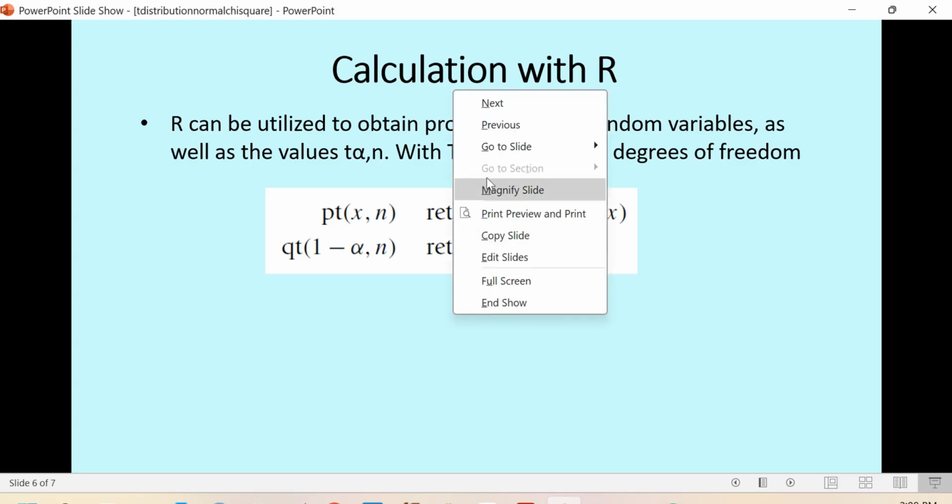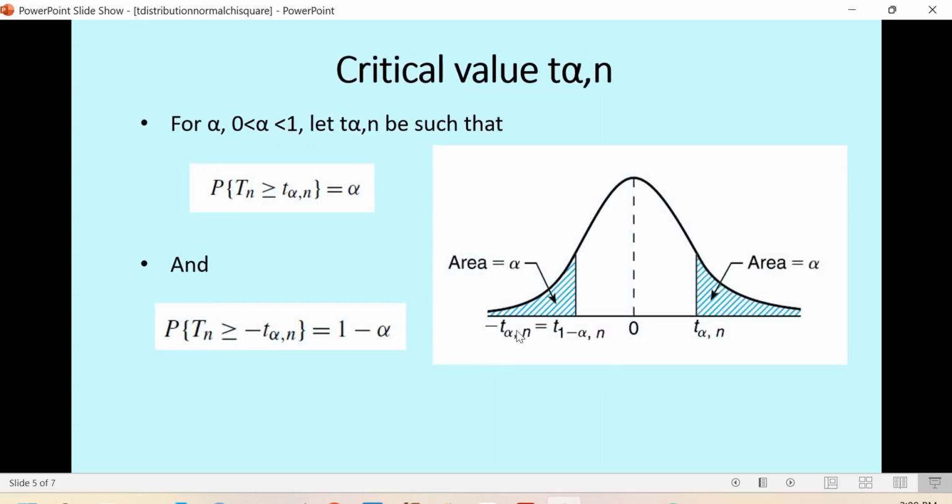So qt(1 minus alpha, n) will get this critical value given this cumulative probability for the blue area and the white area.